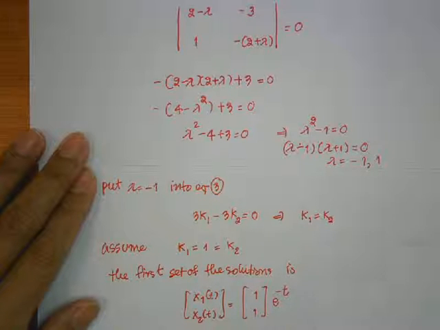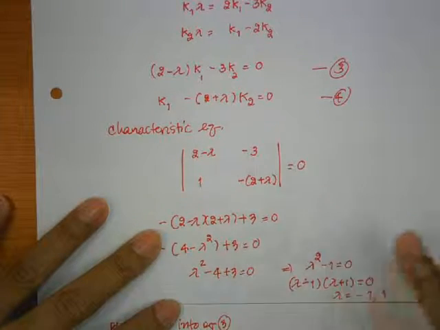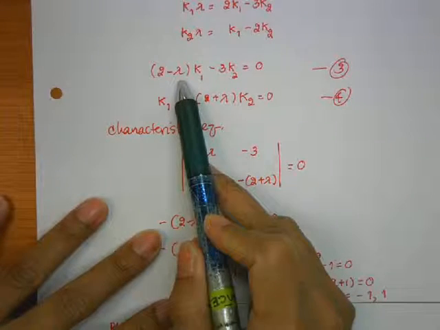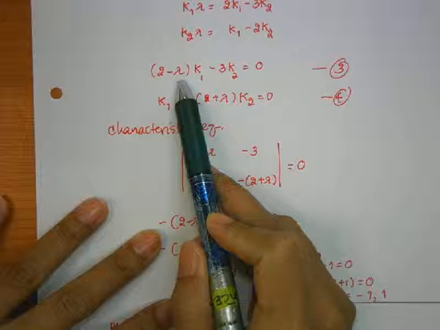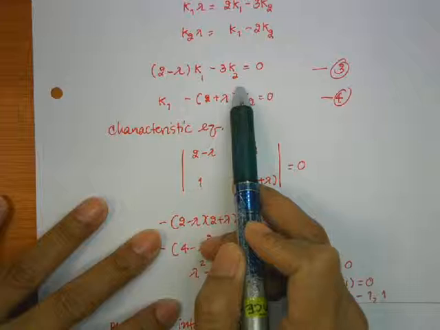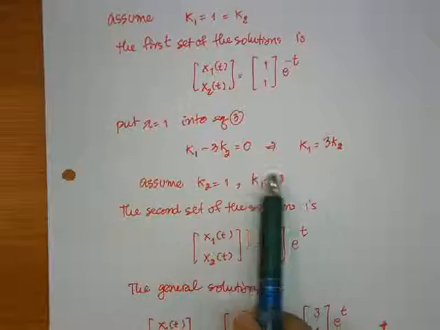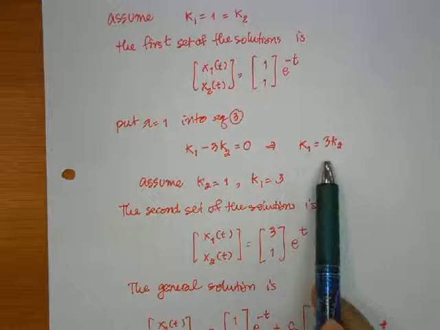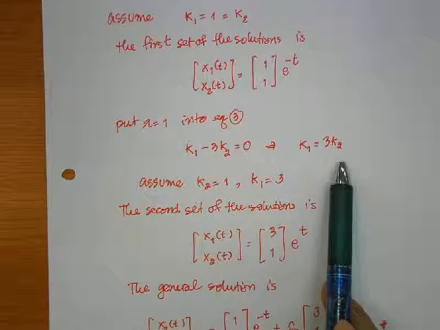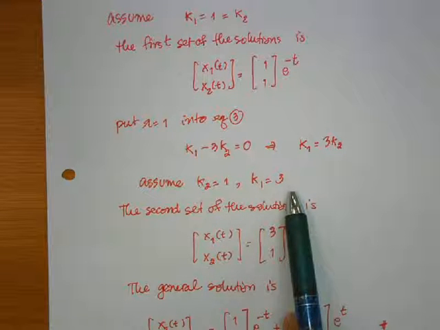Okay? And then we plug the value of lambda equal to 1 into equation 3. Now take a look at our equation 3. If lambda equals 1, what do we get? k1 is equal to 3k2. When k1 is equal to 3k2, we assume k2 equal to 1, then we get k1 equal to 3.